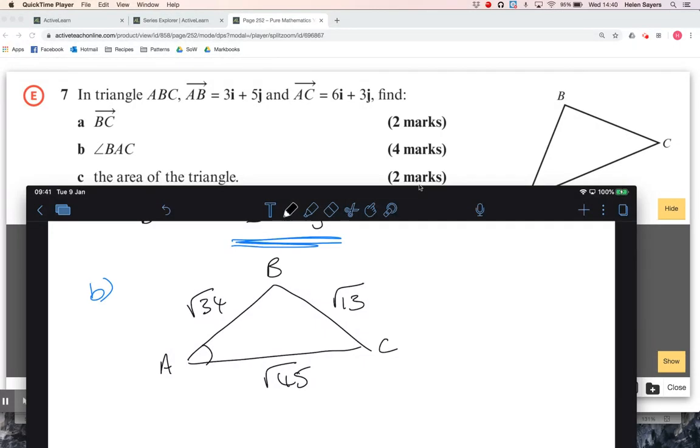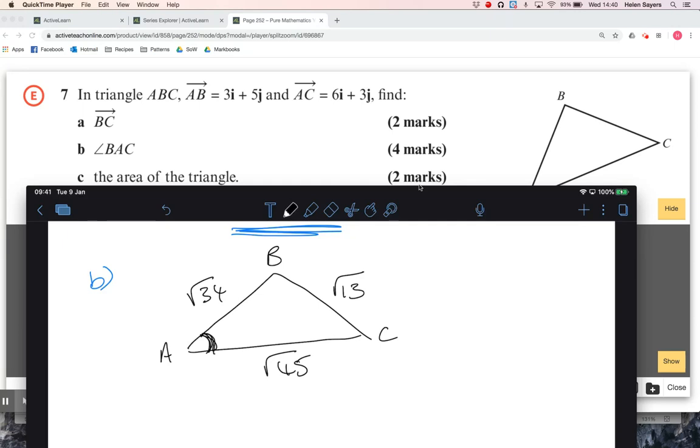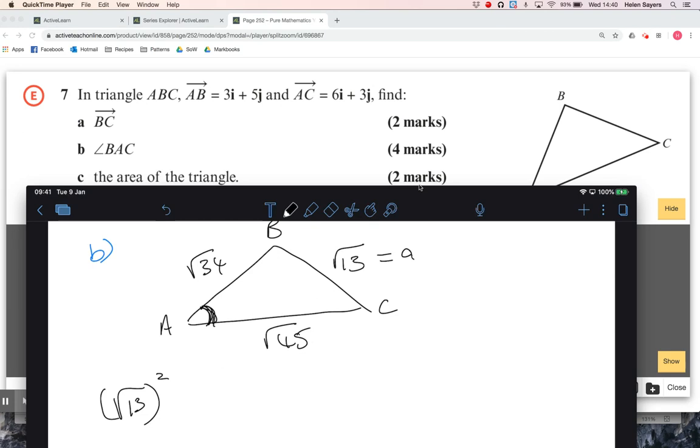And I want angle A. So that is just going to be cosine rule. So this is side a. I'll write it out fully, but obviously root 13 squared is going to be 13, so if you just went straight to that, that's quite sensible.